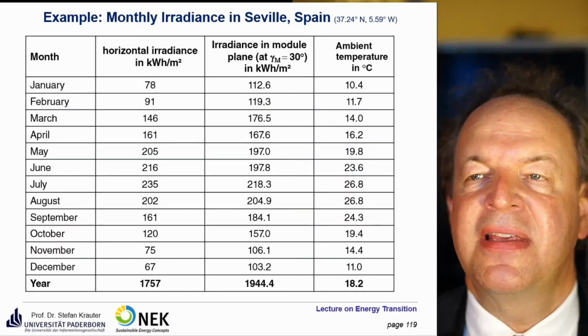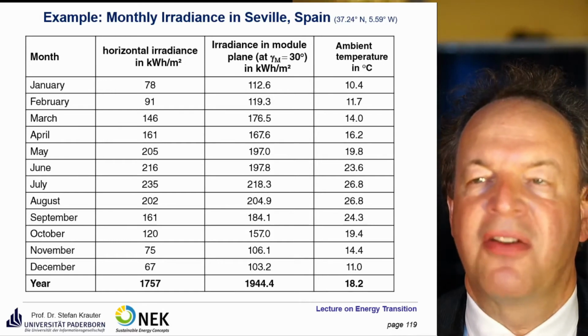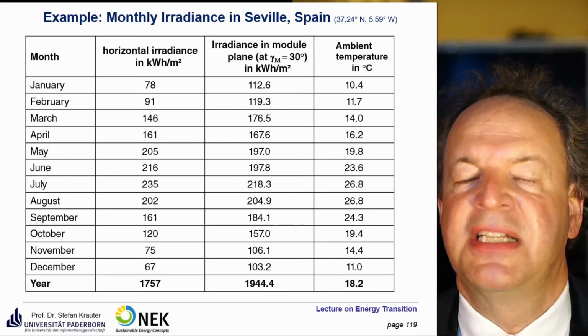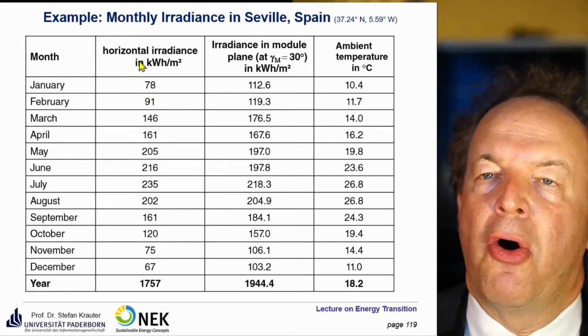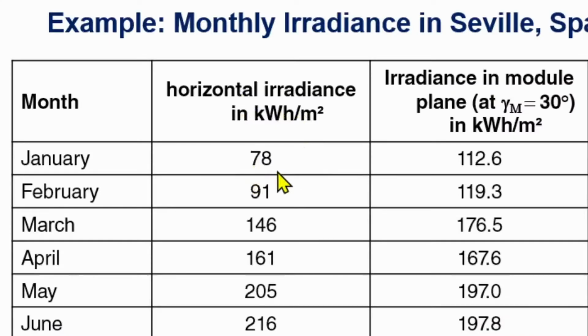This is a monthly irradiance at some locations. So we have here the situation in Seville in Spain. If you consider a horizontal irradiance, we have 78 kilowatt hour per square meter in January, and the best is 218 kilowatt hour per square meter per month in June.